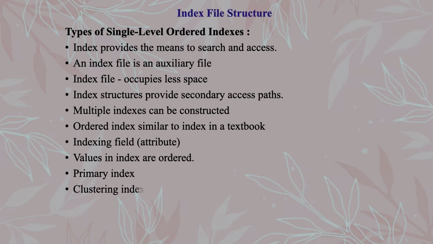A secondary index can be specified on any non-ordering field, and a data file can have several secondary indexes. Secondary indexes are also used for multiple levels. So there are different types of single-level ordered indexes.